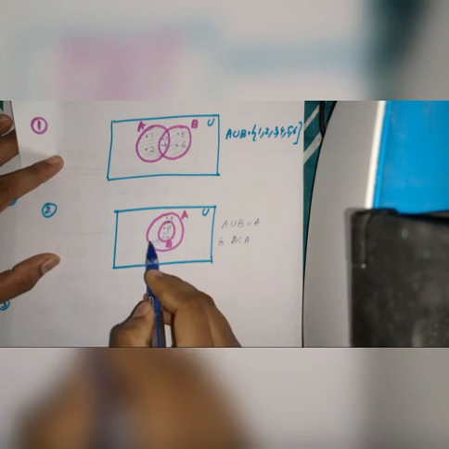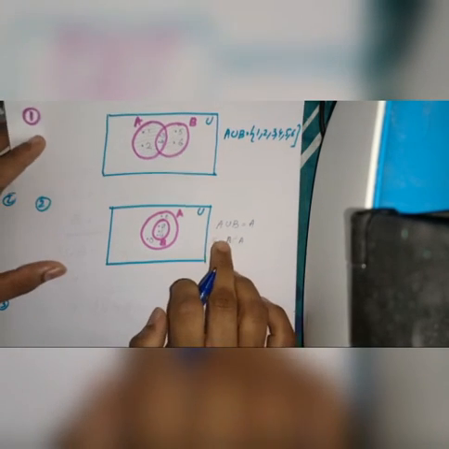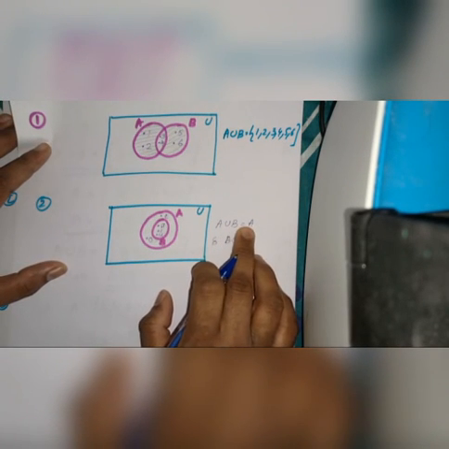So {a, e, i, o, u} is the representation, and A union B is equal to A itself.